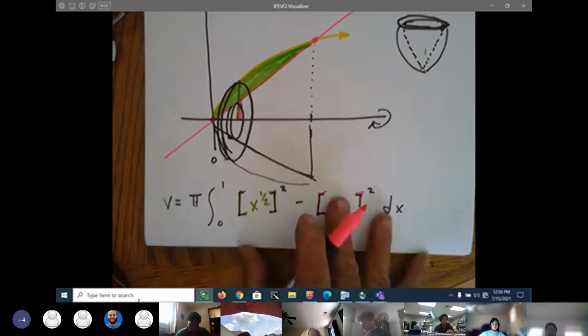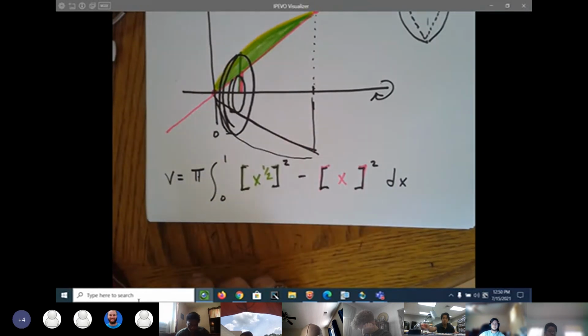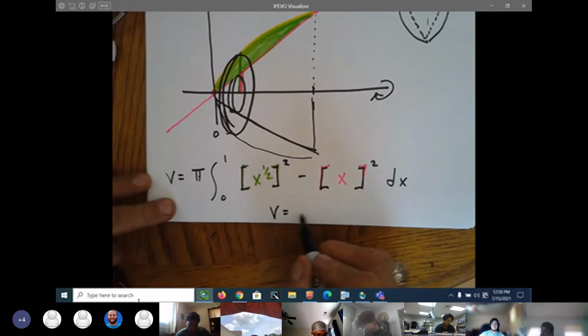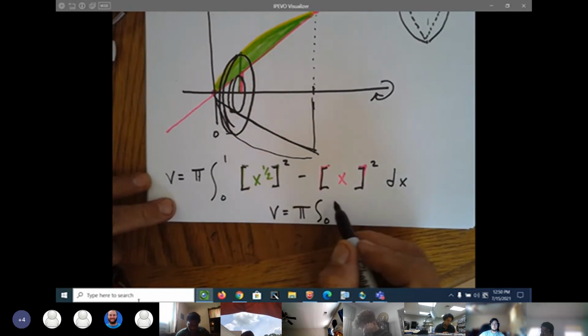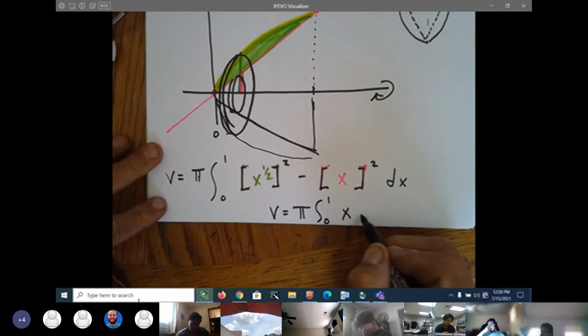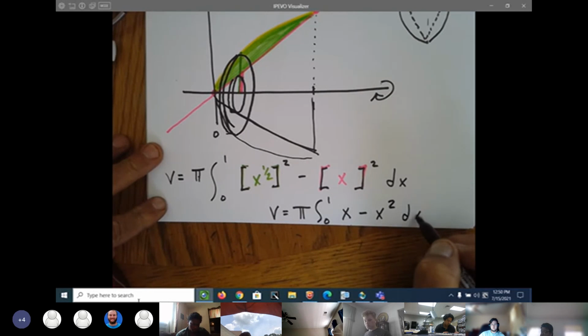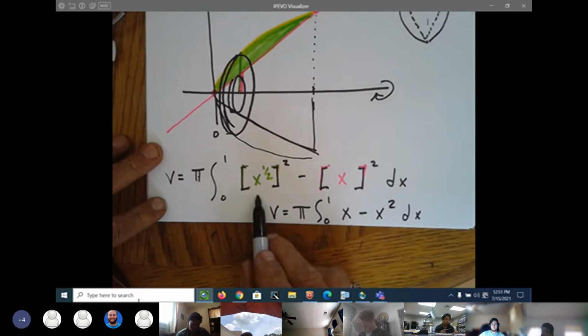All right, I want everybody to do the next line. Give me the setup and box it in. In other words, I just want you to do the setup on this one. So V is equal to pi 0 to 1 of x minus what? X squared. And there's your setup.